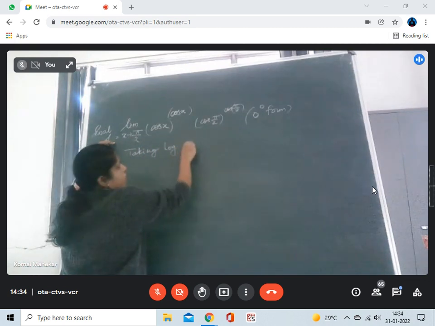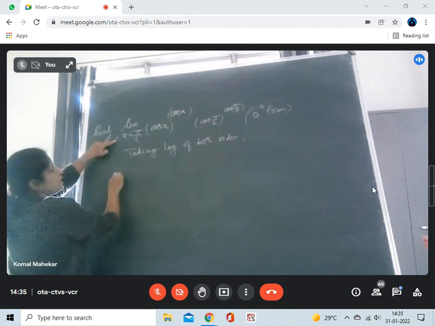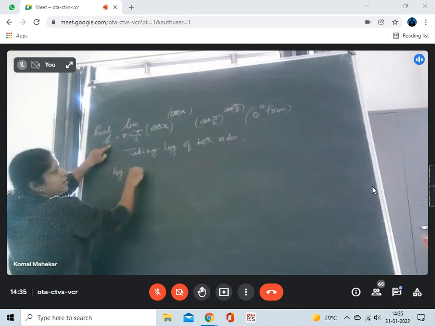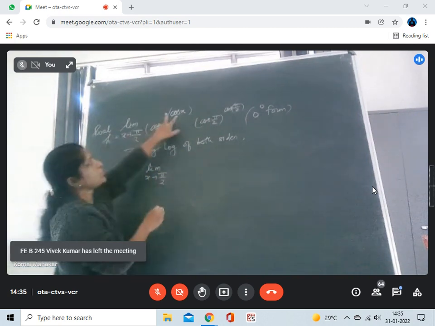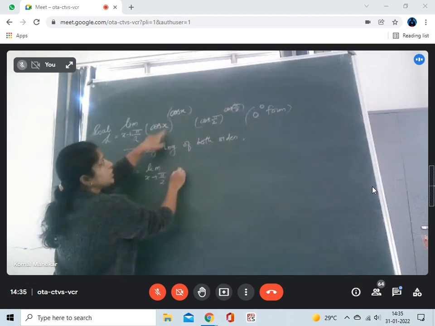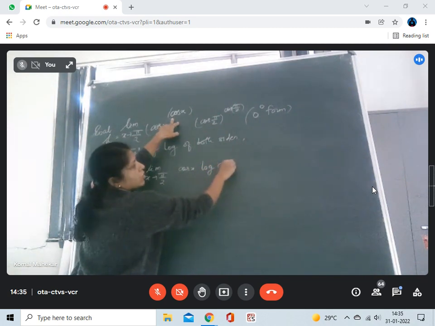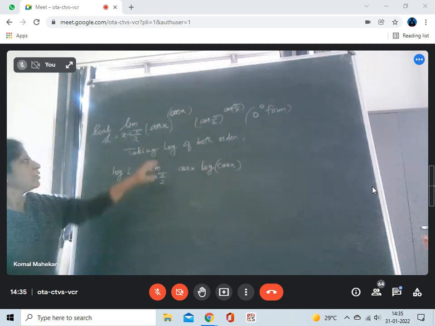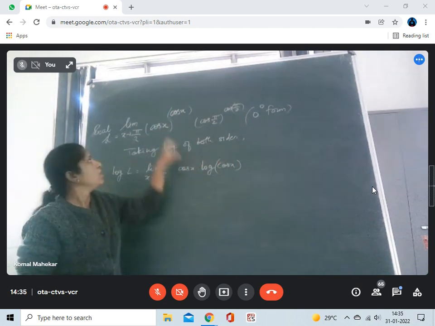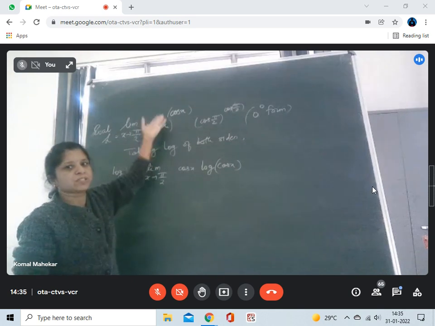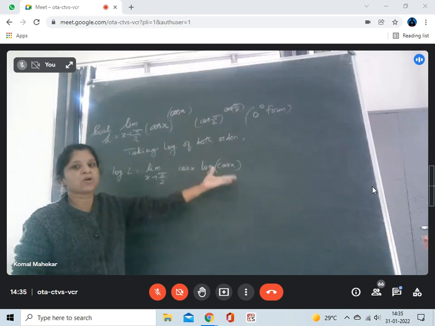So if you take log of both sides, this will be log of L on the left hand side, and limit x tends to pi by 2. f(x) raised to g(x) becomes g(x) into log of f(x). Here f(x) and g(x) are the same function, so this becomes cos x into log of cos x.